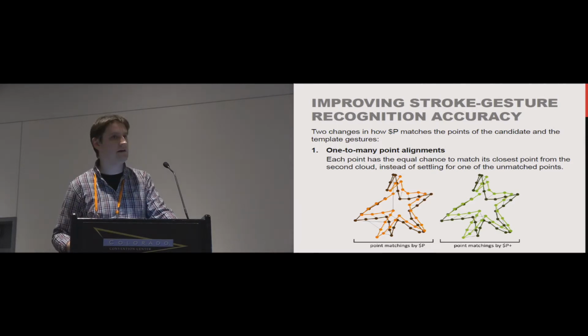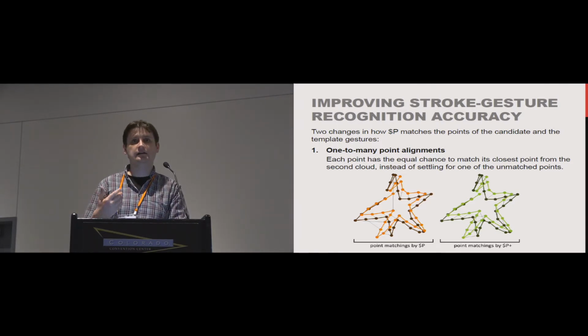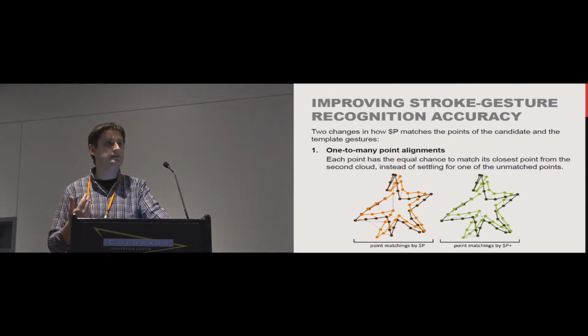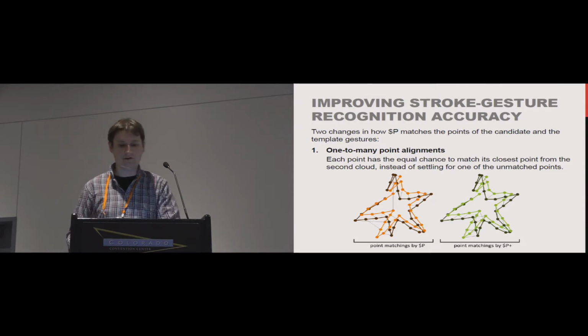So in orange and dark red, you see the alignment being performed by the original version of the point cloud recognizer, and in green and dark green or black, you can see the same two gestures aligned by using one-to-many point alignments.